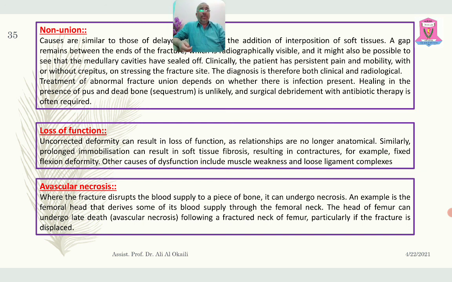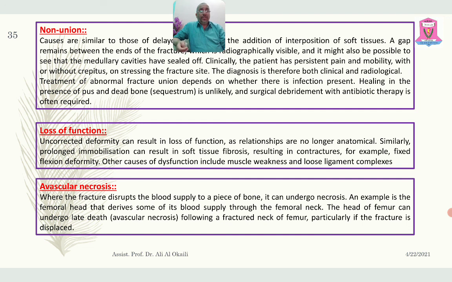Similarly, prolonged immobilization can result in soft tissue fibrosis, resulting in contracture, تضيقات, for example flexion deformity. Other causes of dysfunction include muscle weakness or muscle atrophy and loss of ligament complexes.